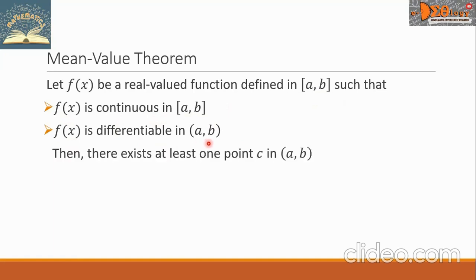Then, there exists at least one point c in the open interval a b, such that we have this equation: f of b minus f of a all over b minus a equals f prime of c.